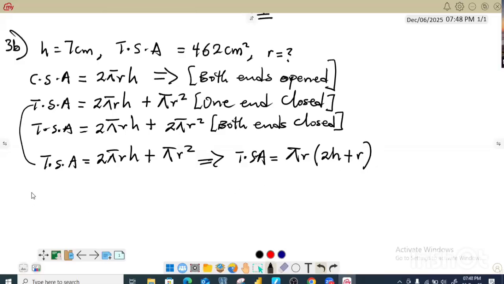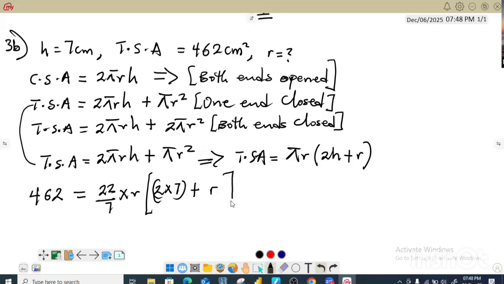And that is what is given as 462. So 462 equals 22 over 7 multiplied by r, into square bracket 2 multiplied by h, plus r that we are looking for.